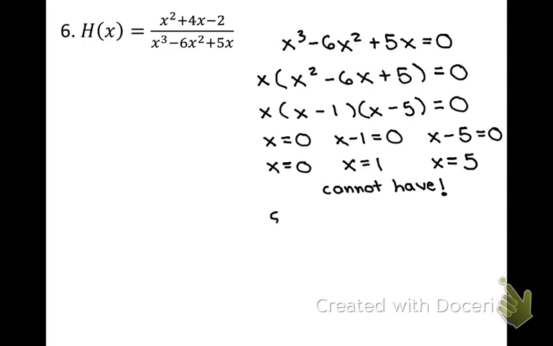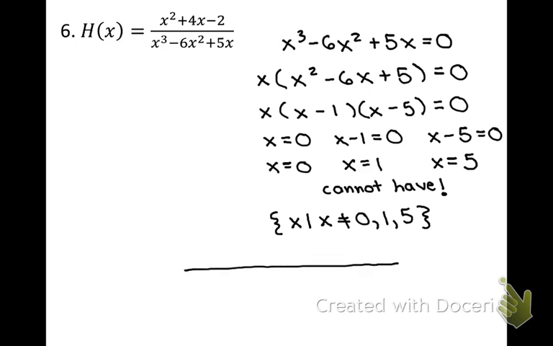So when we go to write set builder notation, we're going to say x such that x cannot equal 0, 1, and 5.